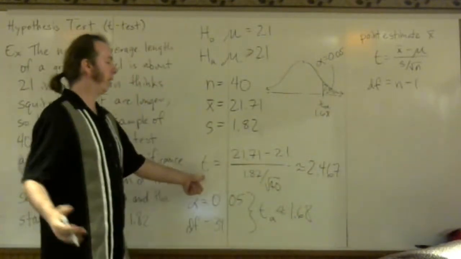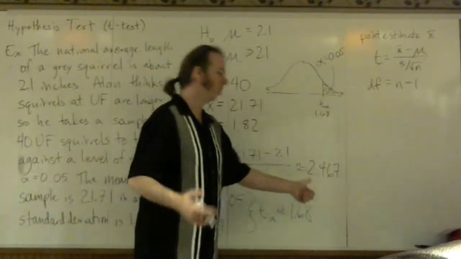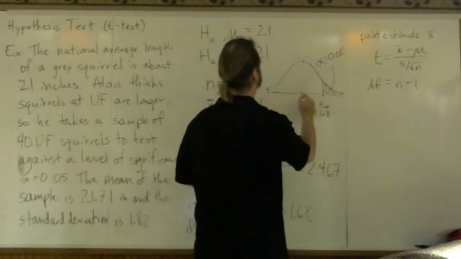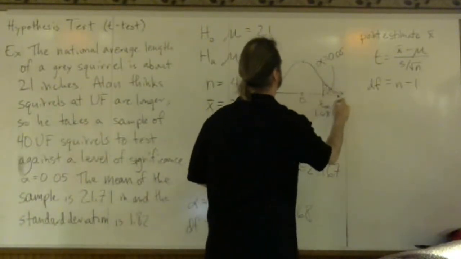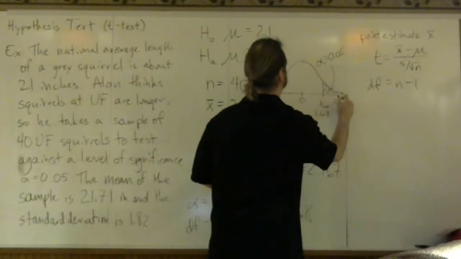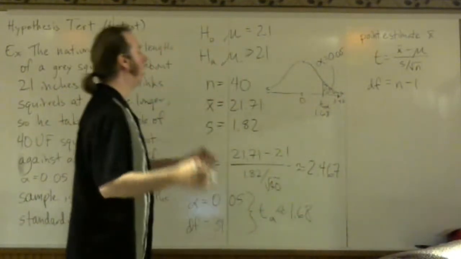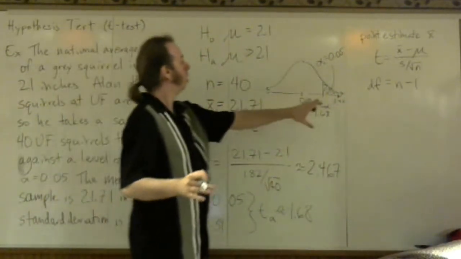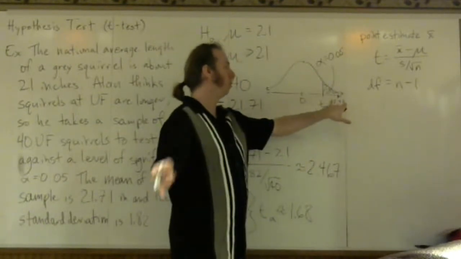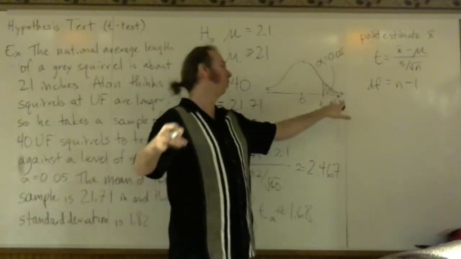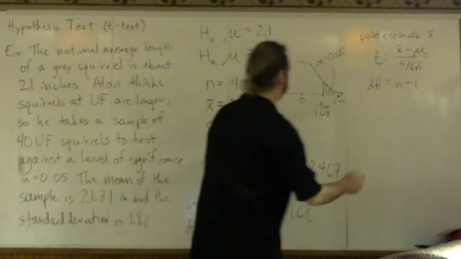My t-value for my sample is 2.47. Based on that, my t-value for my sample fell in that critical region, and I can reject the null hypothesis.